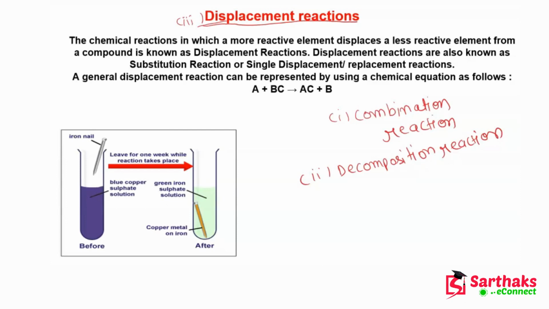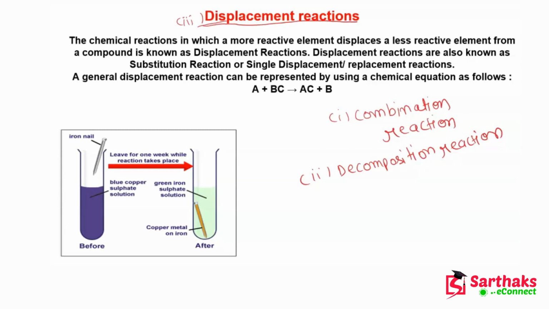So, the chemical reaction in which a more reactive element displaces a less reactive element from a compound is known as a displacement reaction. So, basically, who will displace whom?